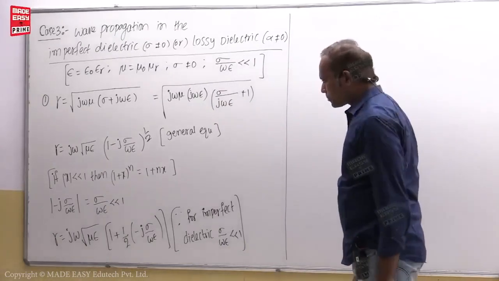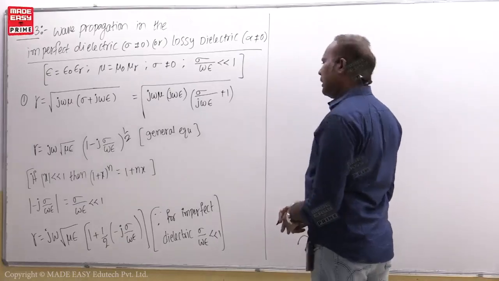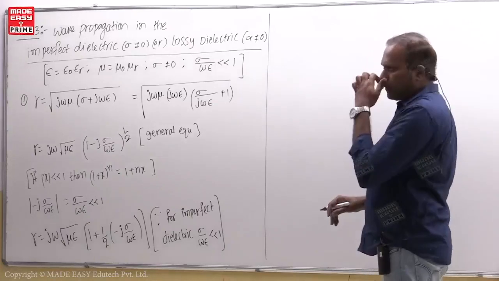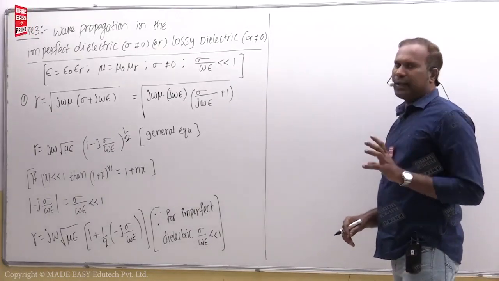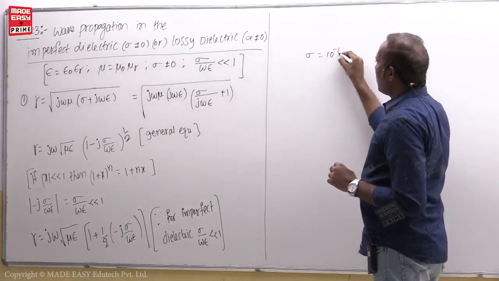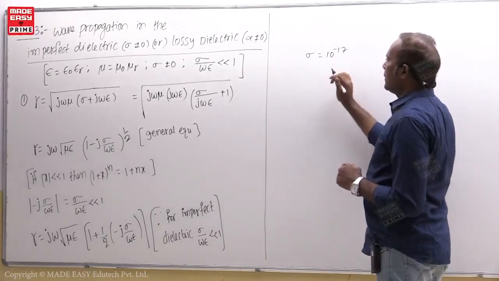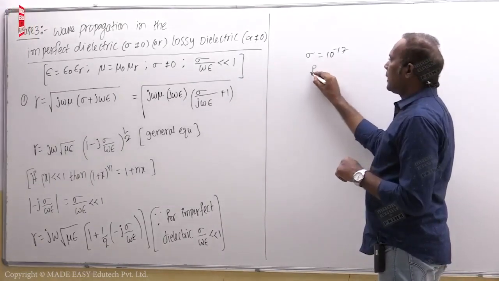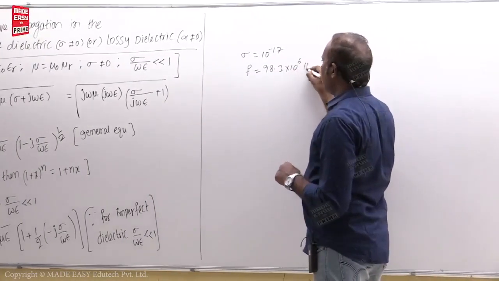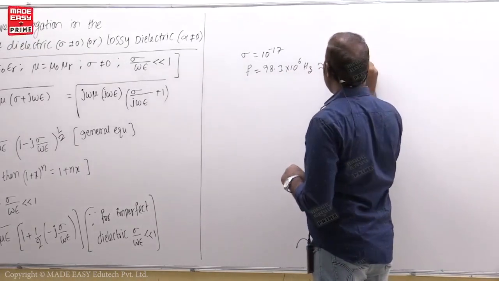Now actually students, I will tell you the calculation for imperfect dielectrics. For imperfect dielectrics, sigma is in the order of 10 power minus 17 in general. If you are sending a radio signal, then frequency is 98.3 megahertz, that is approximately 100 into 10 to the power 6.